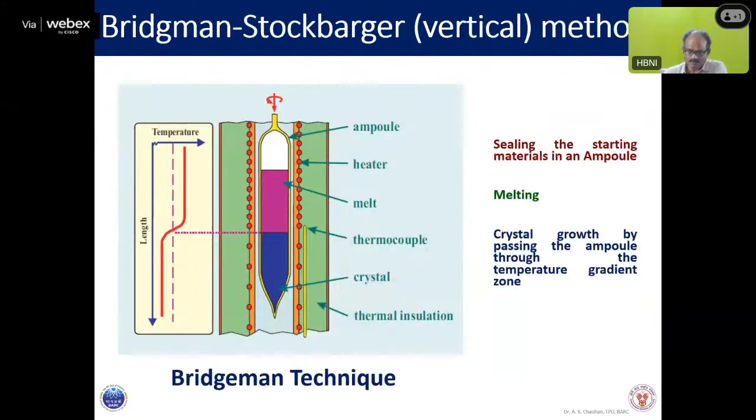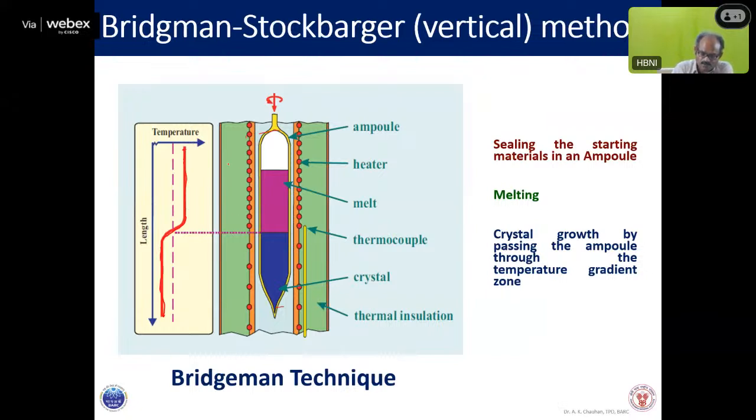That was the horizontal Bridgman. There is another Bridgman method, also called the Bridgman-Stockbarger method, in which a crystal is grown by moving vertically downward. So in this you have a crucible. In this crucible you place the material for which you want to grow the crystal, and then the entire thing is placed inside a furnace, and the temperature profile of this furnace is like this.